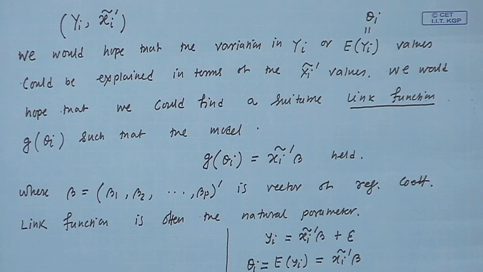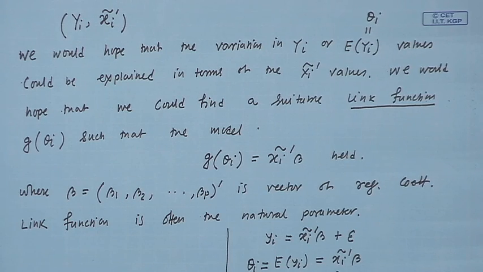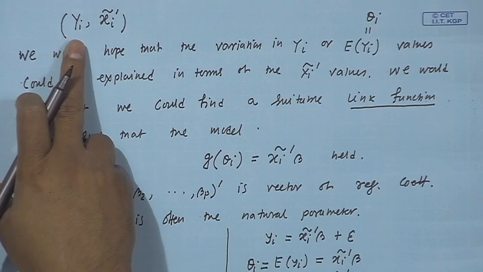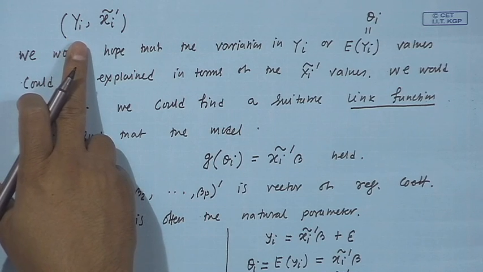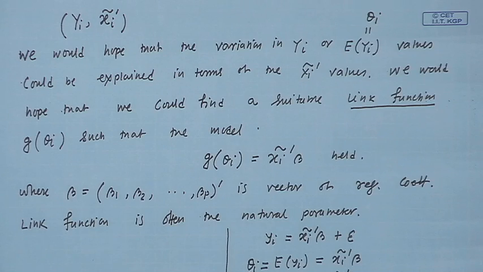So, finally the model is theta_i = x_i' beta when the response variable is from the normal distribution.